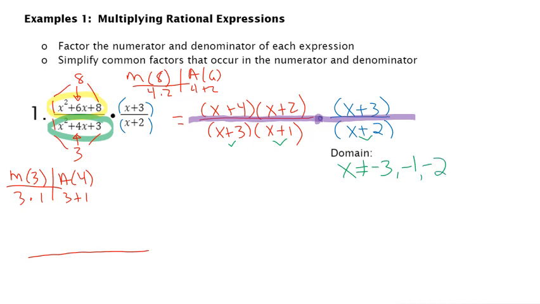And then now we're going to reduce this out. So I do see an x plus 2 that cancels, an x plus 3 that cancels, and now we're left here with x plus 4 over x plus 1, and that is our final answer.